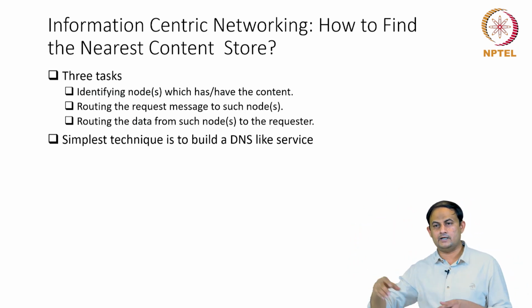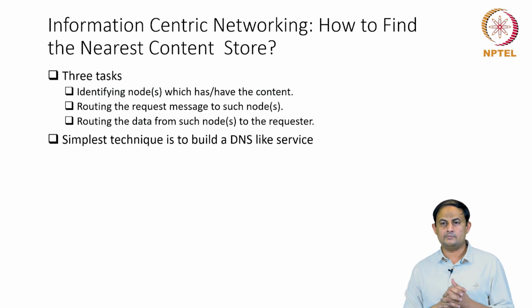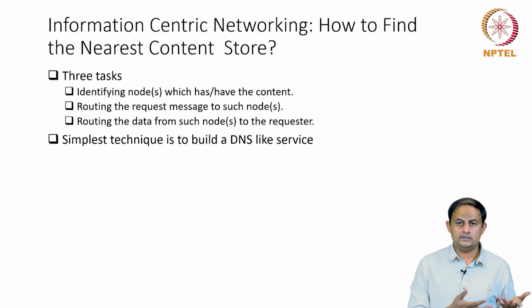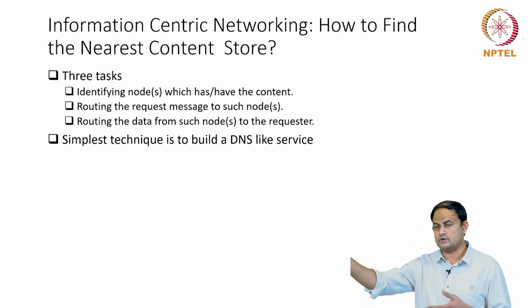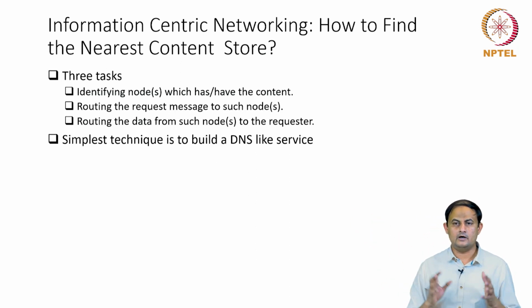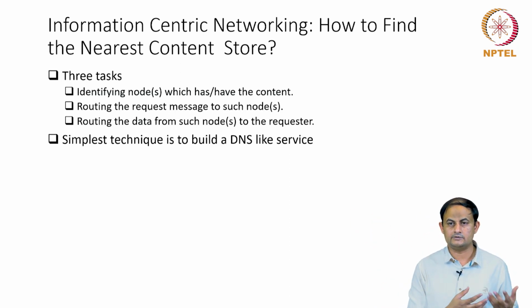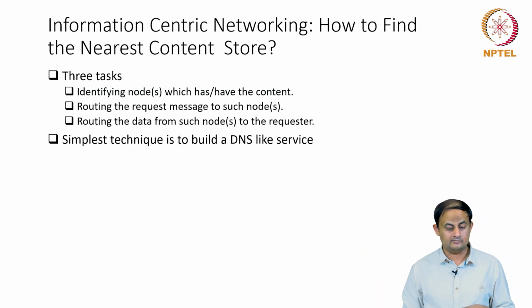Okay, router R1 has it, router R10 has it, router R1000 has it, so you can query any one of them. Then the router in question can decide to go to R1 or R10 or R1000, whichever router it thinks is the best location to get the content from.